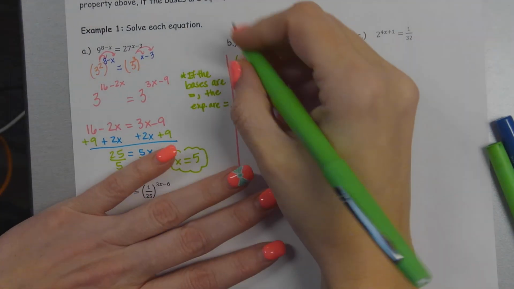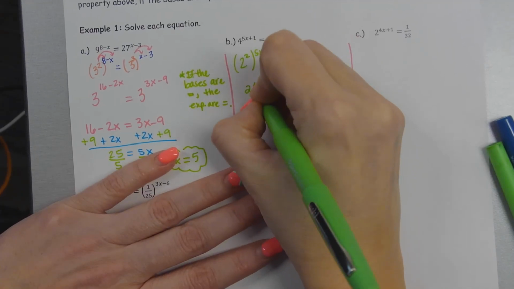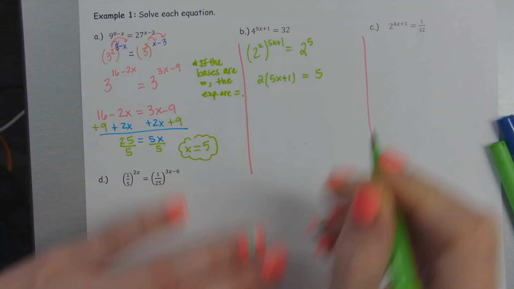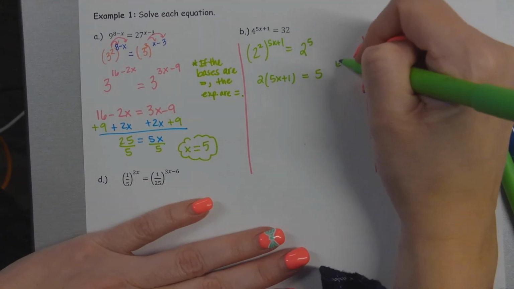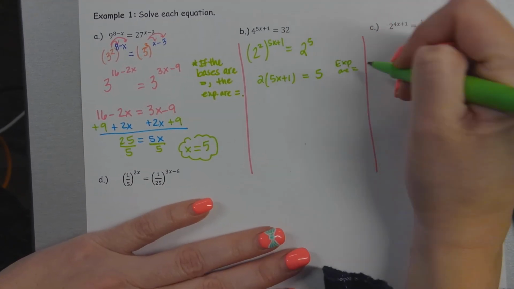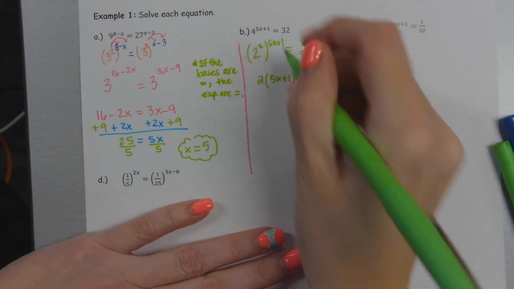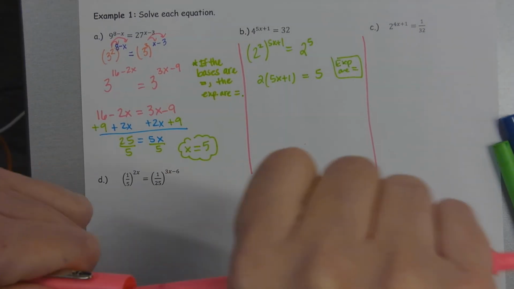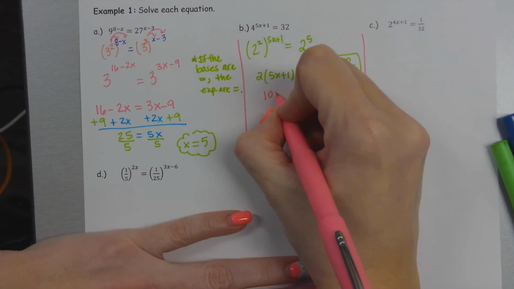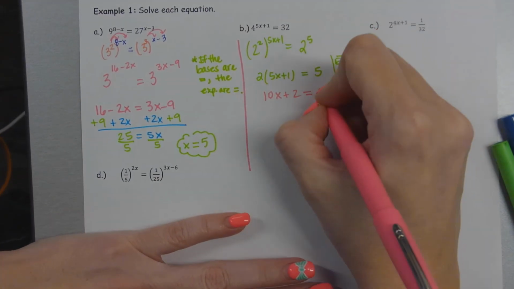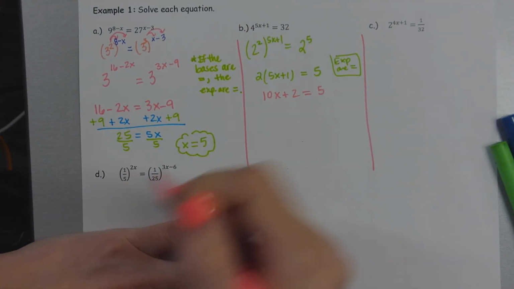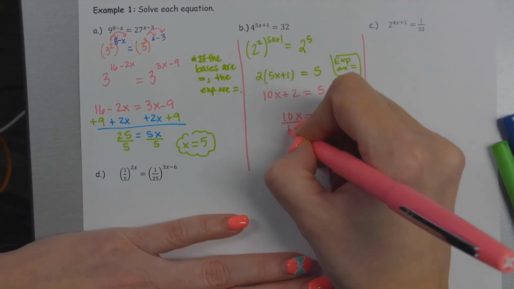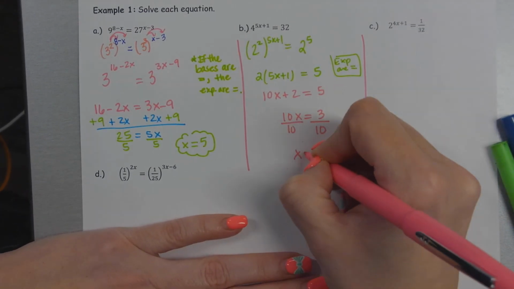You can distribute in this step, or now that you have the base of 2, you can write out that the exponents are equal, now that the bases are the same. You could even just jump to this step when you're working, that's fine. 10x plus 2 equals 5. Then you subtract 2 from both sides, divide by 10, x is going to be 3/10.